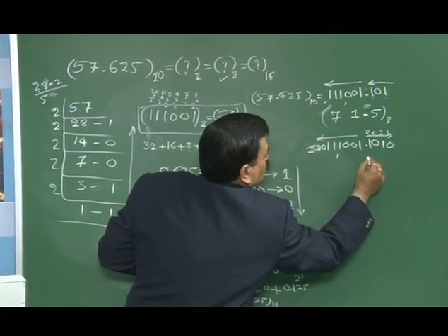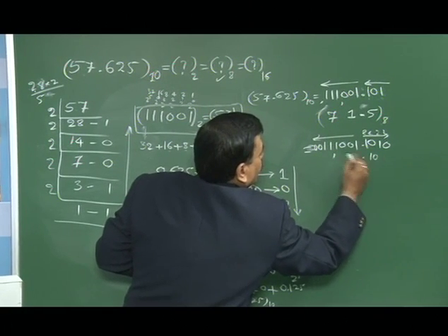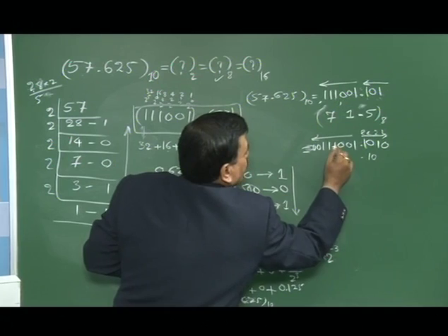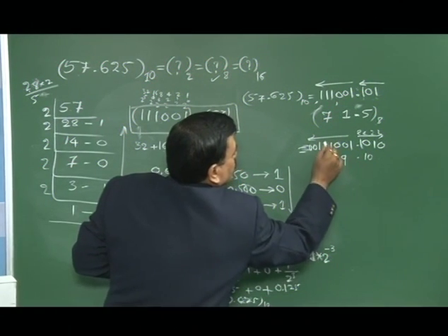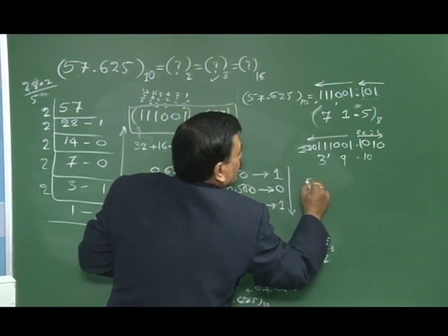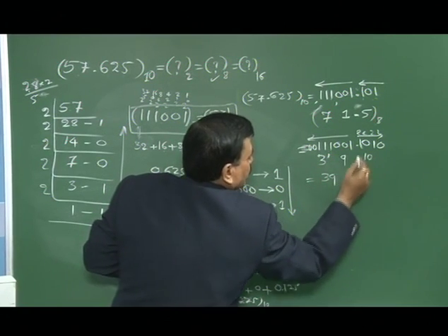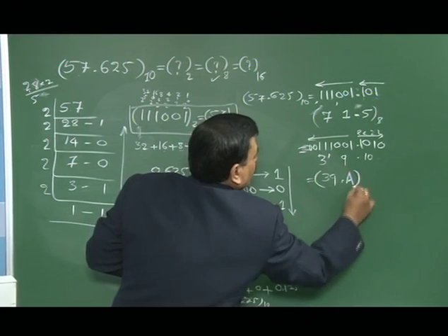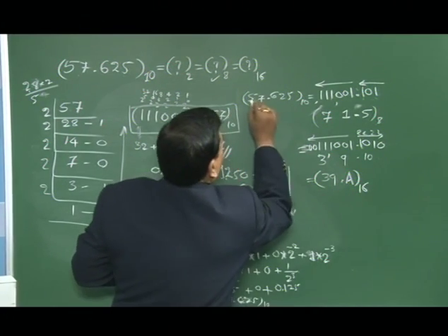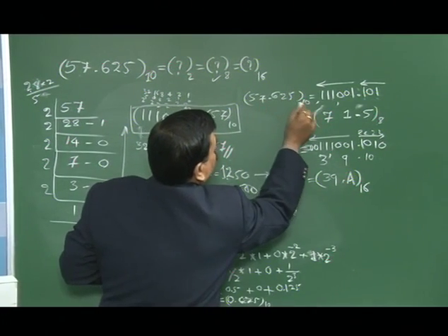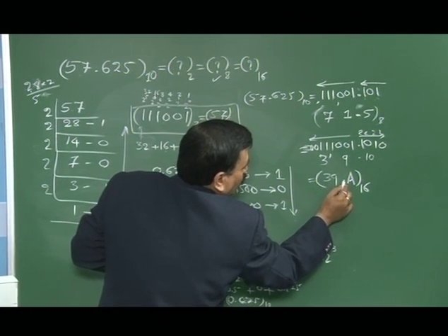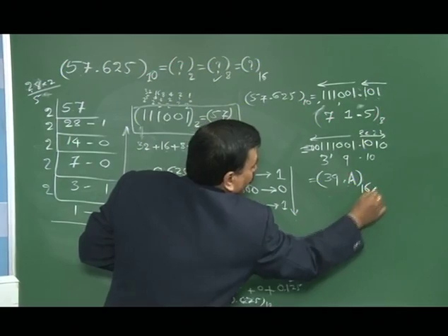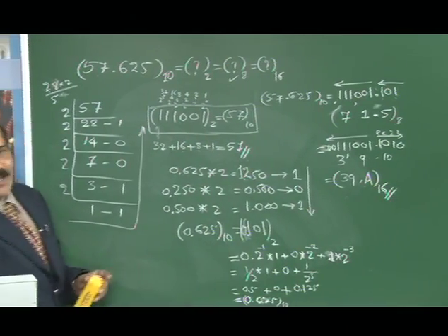Then 8 plus 2 is equal to 10 and then once again 8 plus 1. 8 plus 1 is 9 and this is 3. So this 3, 9 and 10 is nothing but A in decimal. So 57.625 with base 10 can be rewritten as 39.A with base 16 in hexadecimal.